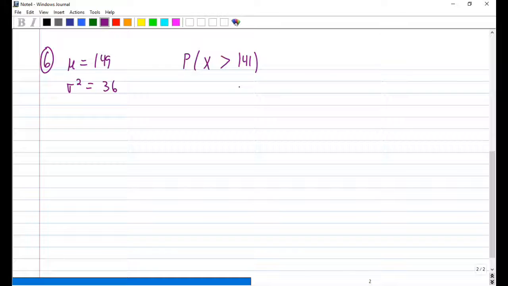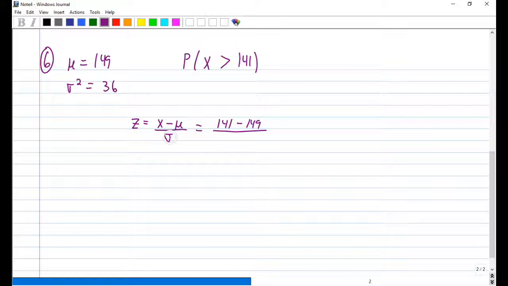Alright, so for this problem we need the z-score because we're trying to figure out a probability from all of this given information. And our formula for our z-score is x minus mu over sigma. So that is x, that 141, minus the mean 149, over sigma.